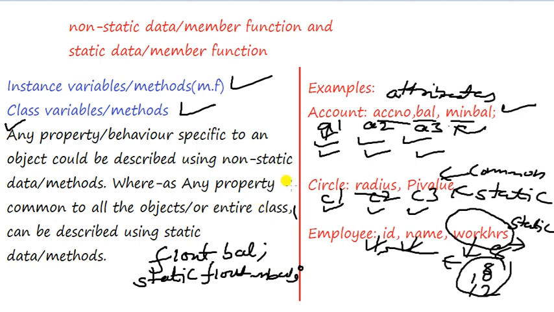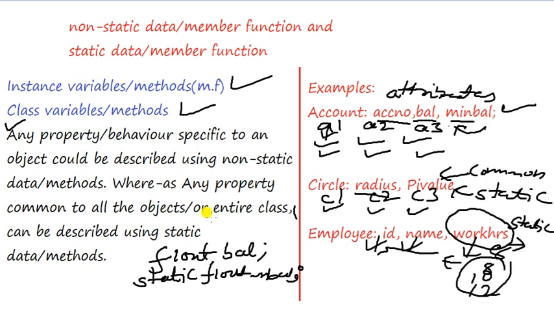Now I'll give you an example. Before that, I would like to tell you why the concept of static and non-static is there. When the value is common for all objects, why should we store it with every object? There would be a wastage of memory.